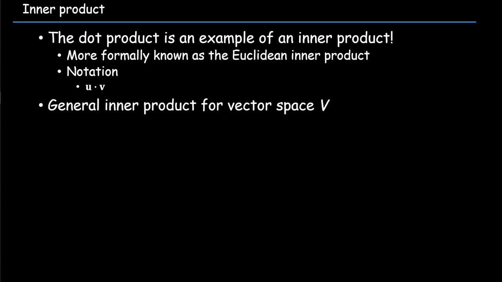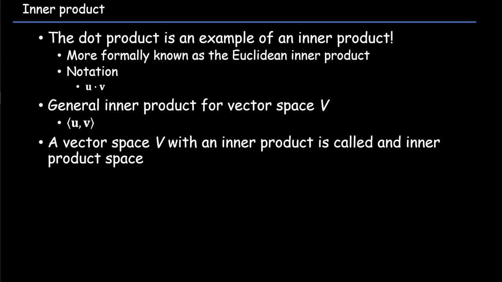In general, the notation for the inner product of a vector space is u comma v, in which u and v are in angle brackets. A vector space V with an inner product is called an inner product space. Whoa, who would have thought?